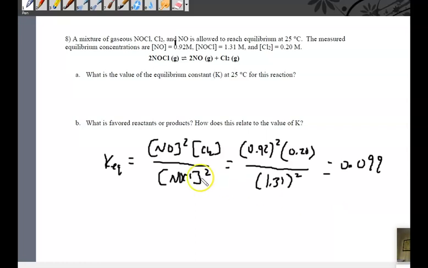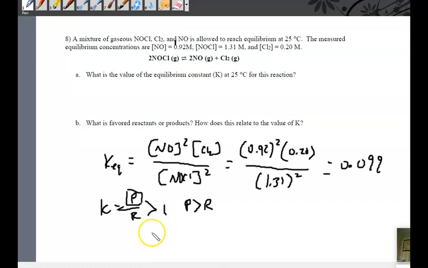Okay, so what is favored, reactants or products? Remember, K is equal to the products divided by the reactants. So in math, if this is greater than 1, that means my product side is greater than my reactant side. It means my top number is larger than the bottom number, which gives it greater than 1.